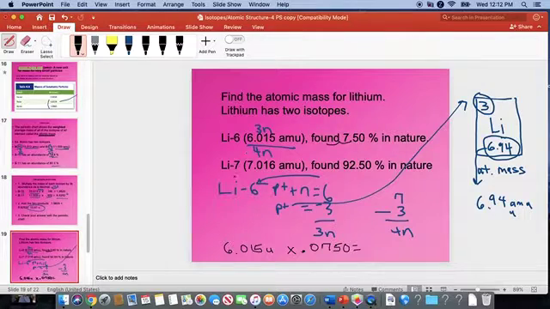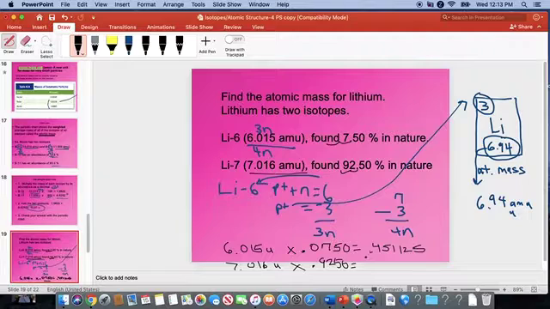Let's first do the other lithium. Here's the exact mass, 7.016 AMU, multiplied by the percentage as a decimal, moving 1, 2. So that's going to be 0.9250. I'm going to actually calculate these. When I multiply these two together, I get 0.45, and I would keep a lot of numbers.